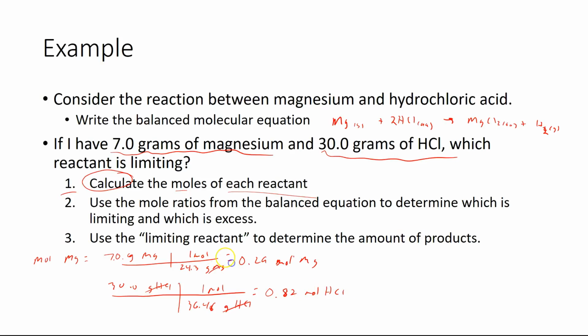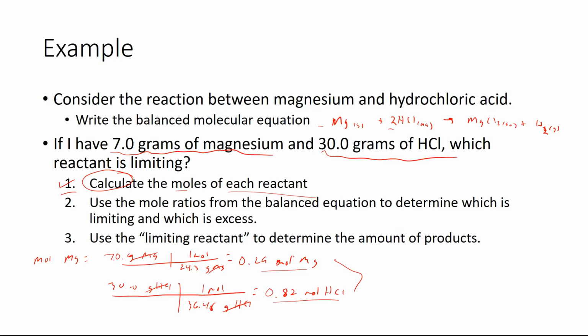So there's step 1. I've converted both of those to moles. Now what we have to do is compare this ratio, the 0.82 to 0.29, to this ratio, 1 to 2. My exact ratio would be 1 mole of magnesium to 2 moles of HCl. We need to see if that ratio actually emerges comparing these 2 numbers.